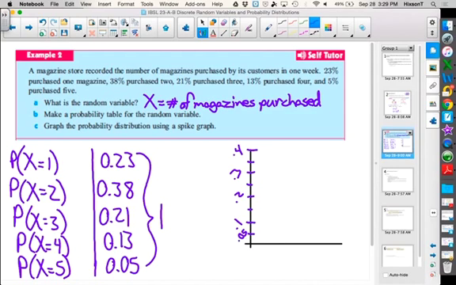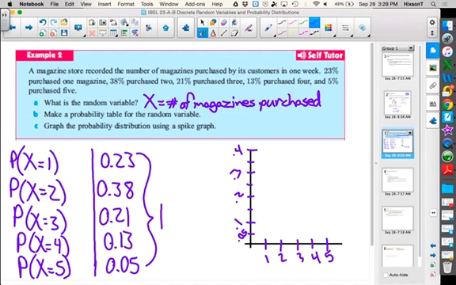So we're going up by 0.05, 5% each mark. And all you would have to do is your random variable will always be your horizontal axis.